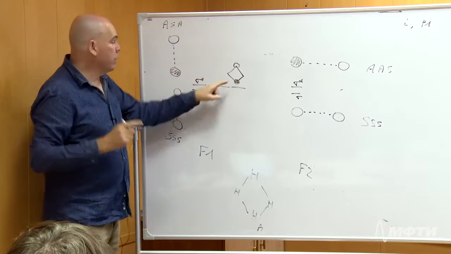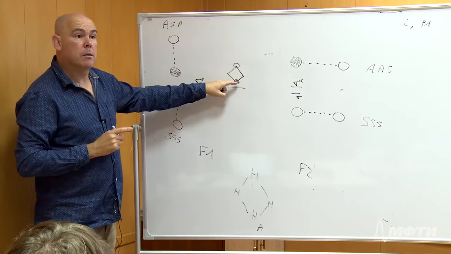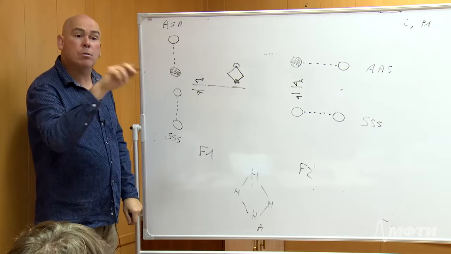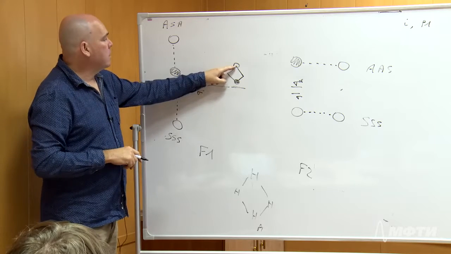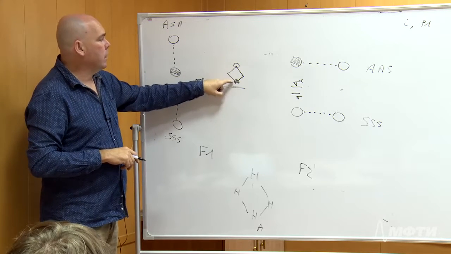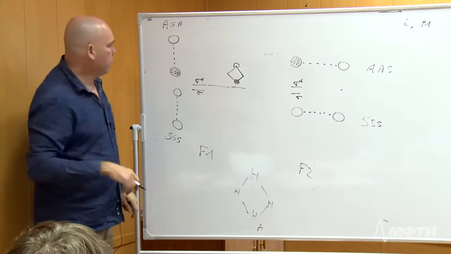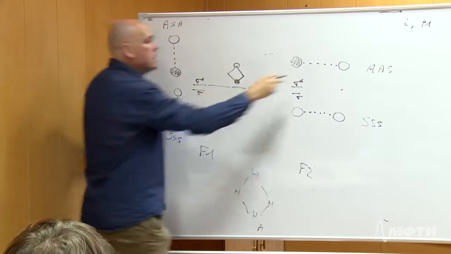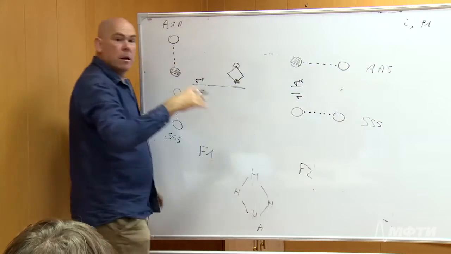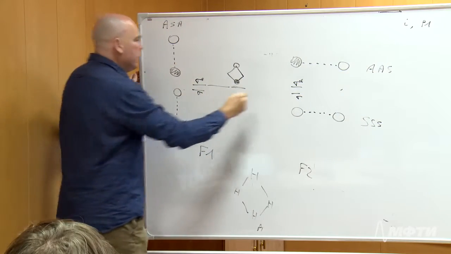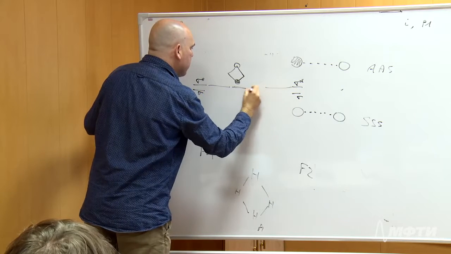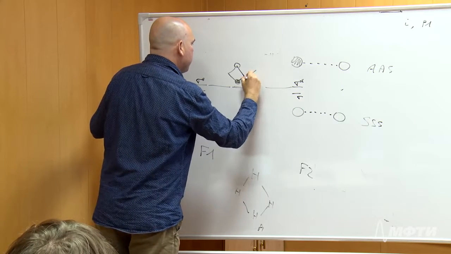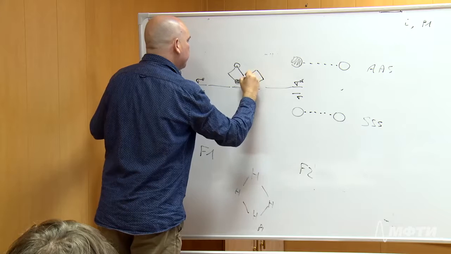Actually, you know the value of this coefficient is 1 over square 2. And here is 1 over square 2, and here is minus 1 over square 2, okay? So this one, same, is AAS. So is alone, so you have to draw like this, degenerate, like this.